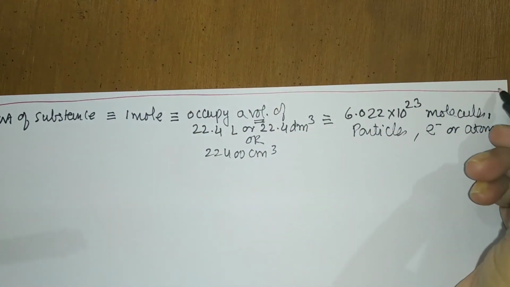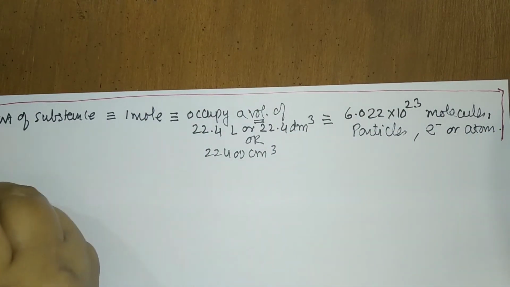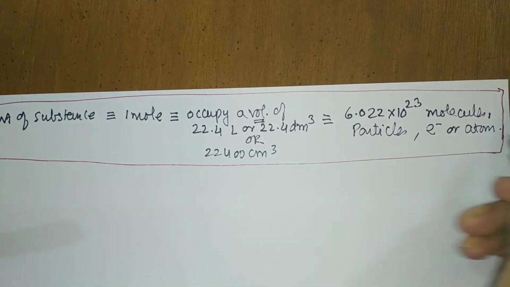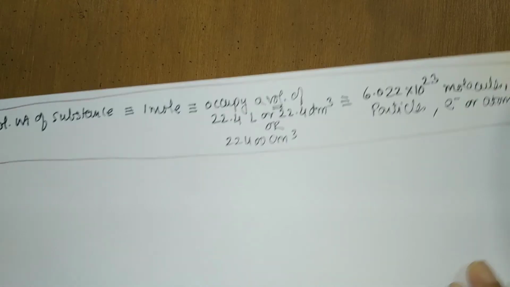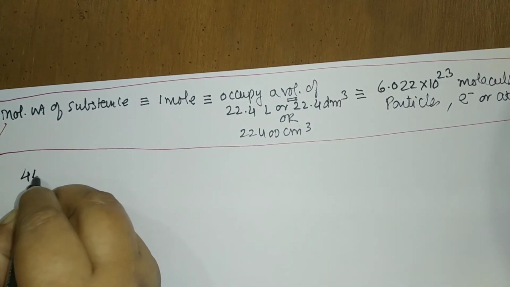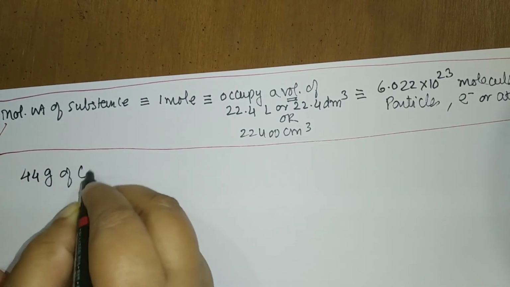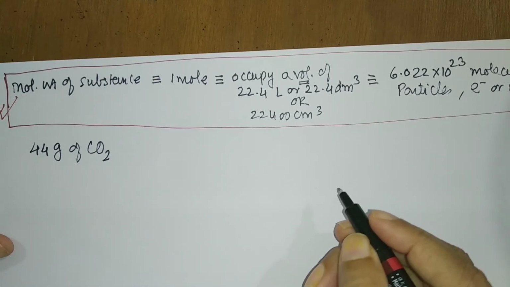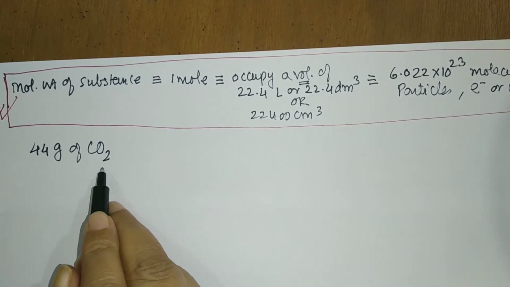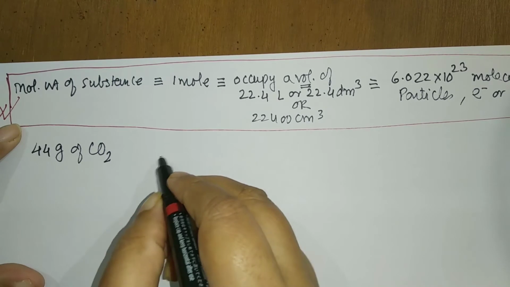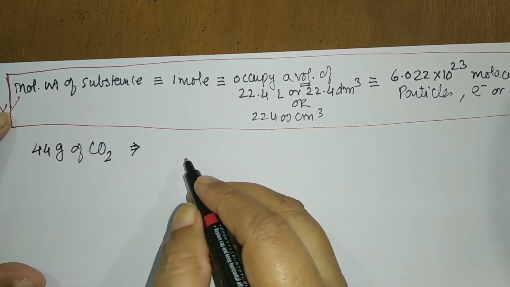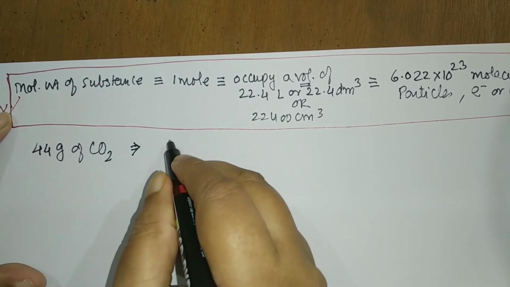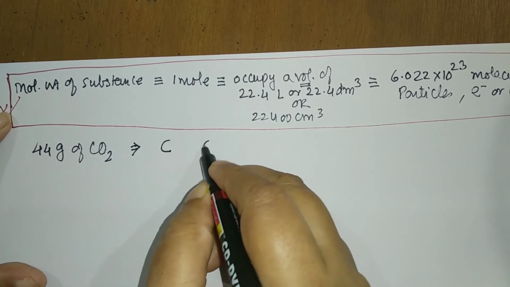Now what does the statement say? Say for example, I am taking one example here to make you understand this. If I take 44 gram of carbon dioxide gas, let us first calculate the molar mass of carbon dioxide. How to calculate the molar mass? Please refer to the molar mass calculation video. Here, it consists of 1 carbon atom and 2 oxygen atoms.